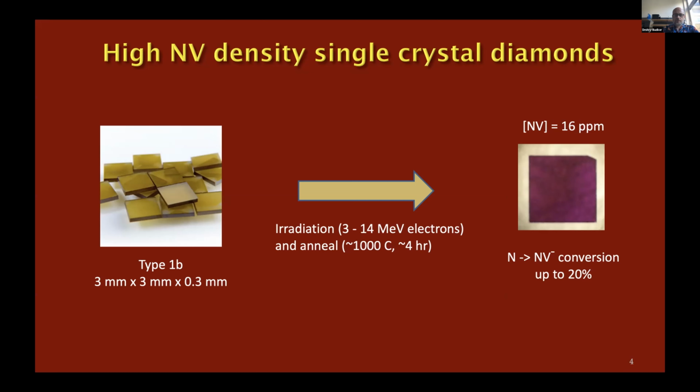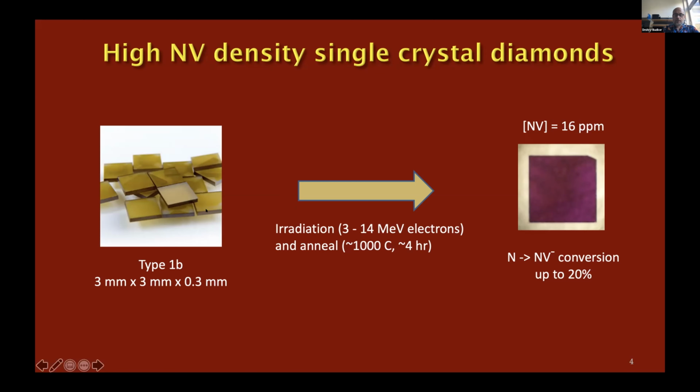If we want to have a high density diamond, we usually start with a material which is called type 1B diamond that already has a lot of substitutional nitrogen, and that gives this yellowish color to it. And it doesn't have so many vacancies to start with.